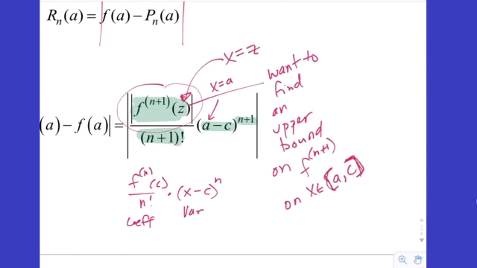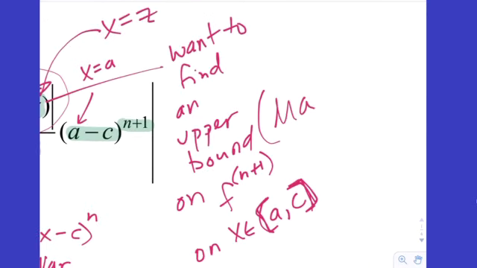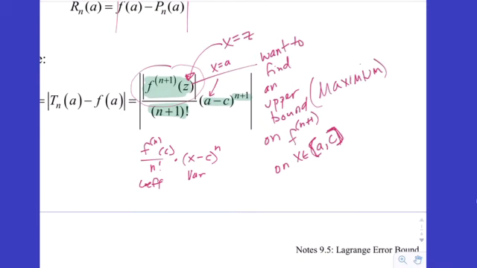Okay, if I don't know what the actual value is of the derivative at some special z to get the actual error, I can bound it by finding the upper bound, which is basically going to be the maximum. We're trying to find the maximum of the n plus first derivative on the interval between our center, c, and the x value that we're trying to approximate at.